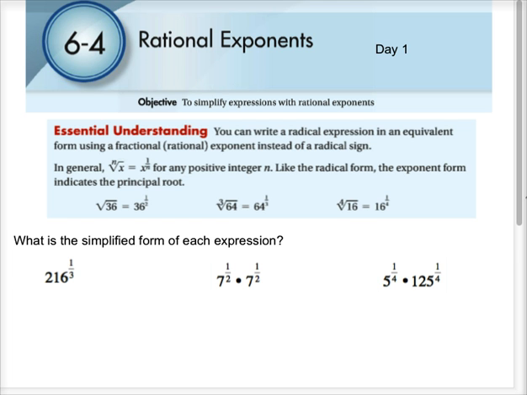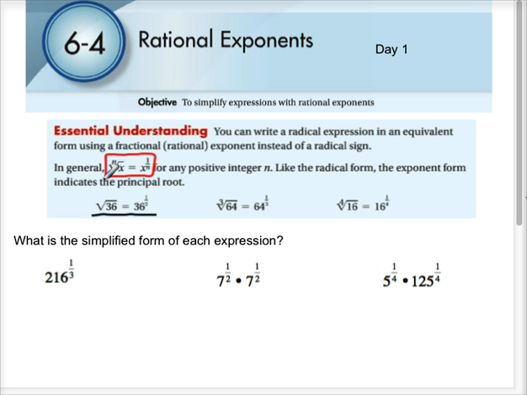Now, what I need you to understand first is this little formula here. So, when you're taking the root of a number, essentially what you're doing is you're taking a fractional exponent. You're taking that number to 1 over the root you're talking about. So, for example, when you square root something, that is exactly the same as taking that number to the 1/2 power.